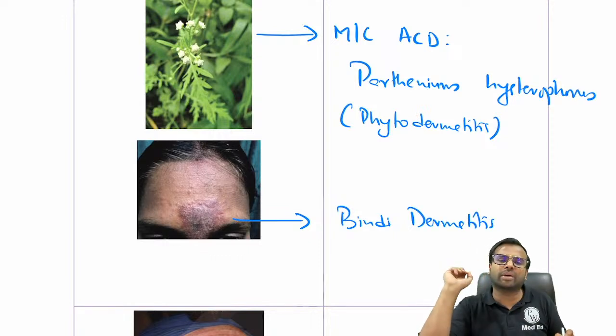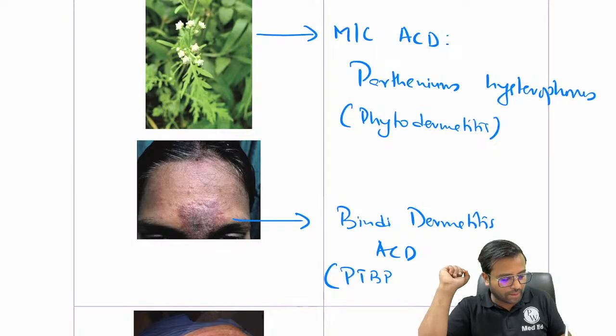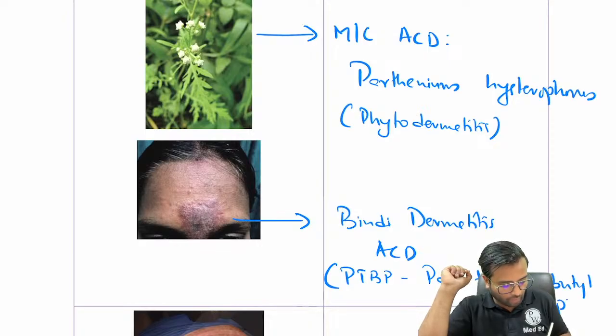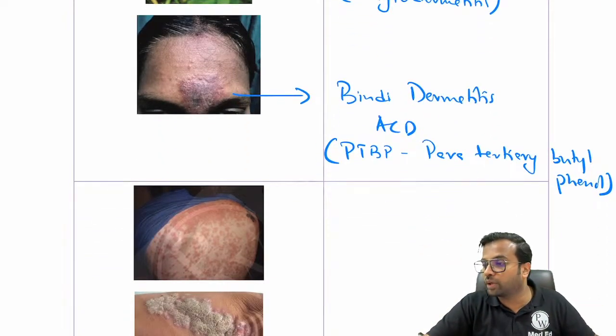And what is bindi dermatitis caused by? Is it ICD or ACD? This is again going to be ACD, and the culprit is PTBP, isn't it? Para tertiary butyl phenol. So this is due to para tertiary butyl phenol.